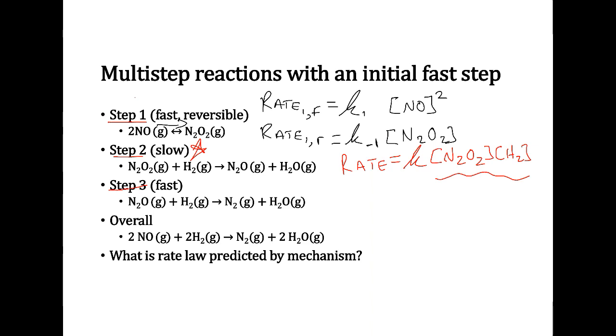So in a steady state approximation, what we're saying is that the forward rate is equal to the reverse rate. Now what that allows us to do is to set these two terms equal to each other.